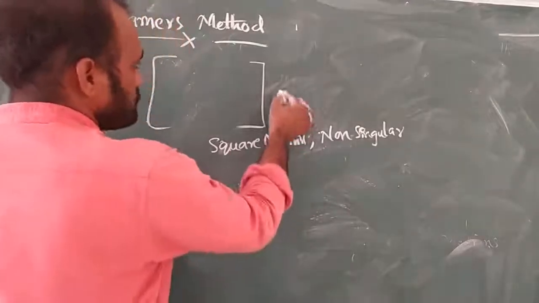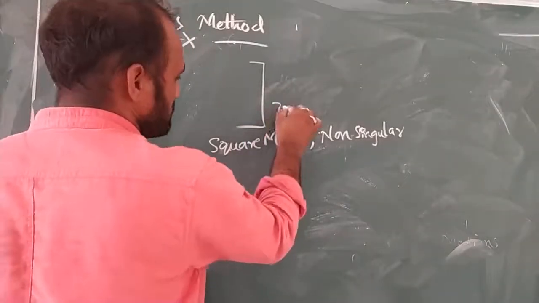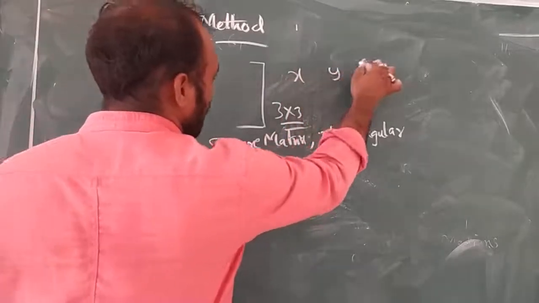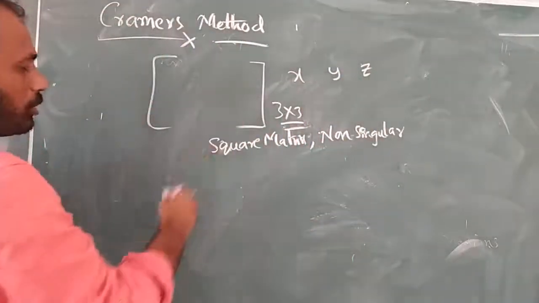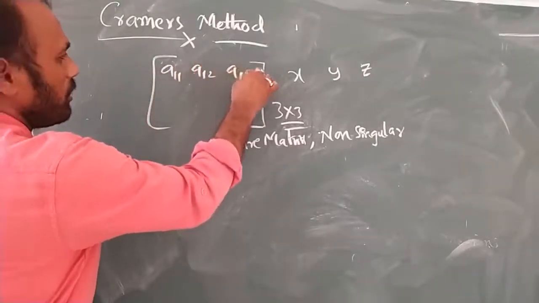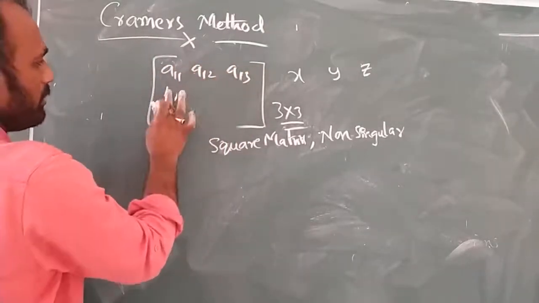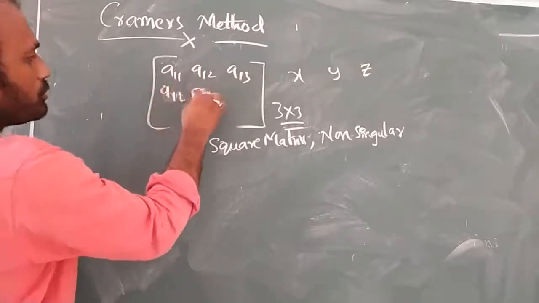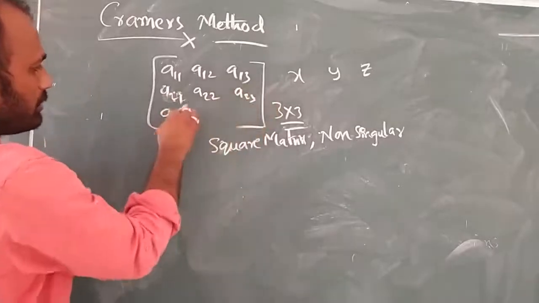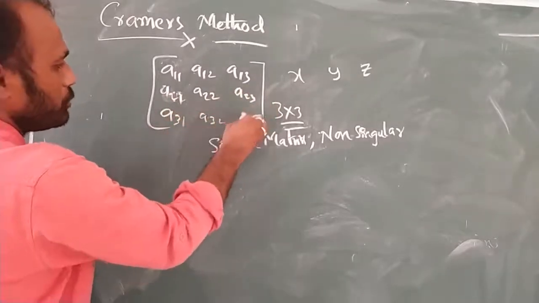After applying Cramer's rule, if it is a 3 by 3 matrix, we are going to get three variables: x, y, and z. So how to get x, y, z is here. A11, A12, A13, A21, A22, A23, A31, A32, A33.